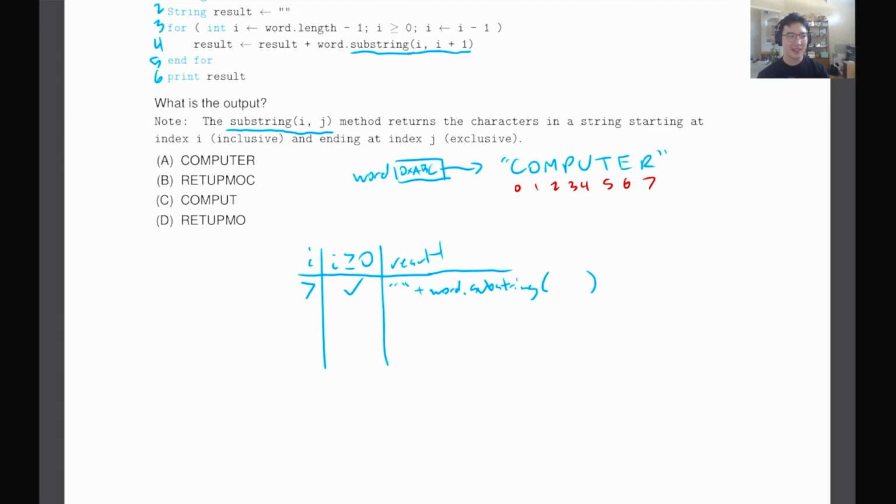All right, going back to line 4 now, it's going to start at i and go to i plus 1, which is 7, 8. And the note says that it's going to return the characters in a string starting at index 7, and ending at index j, but exclusive, meaning not including.